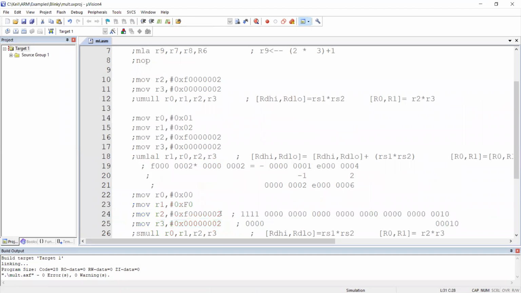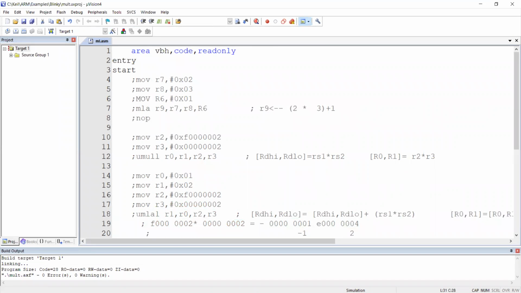Now one more thing. I have prepared an MS Word document in which I have arranged all the programs, all the programs which I have executed.